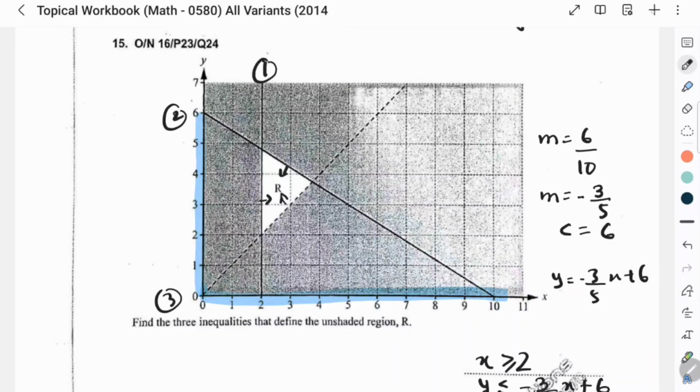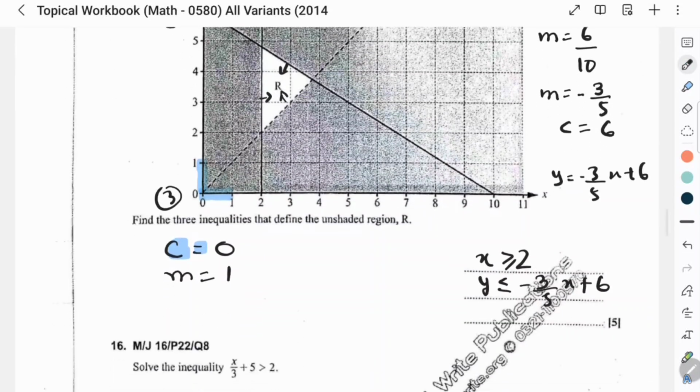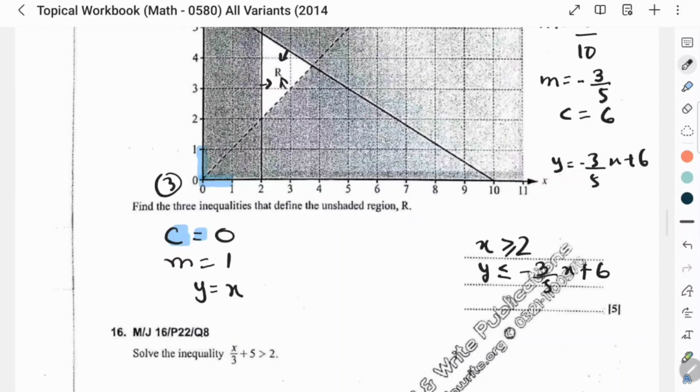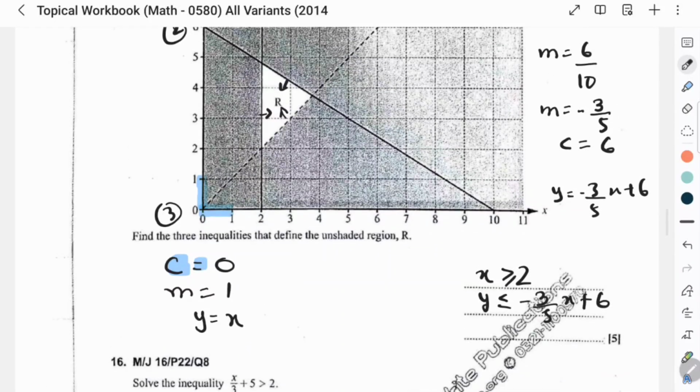For this one, we can see the rise upon run is 1, and positive, and the y-intercept is 0 and the gradient is positive 1, so y is equal to x. The region is above, so you write y is greater than x. Don't put the equal sign because it's a dotted line and the boundary will not be included.